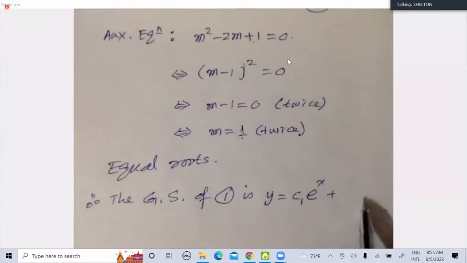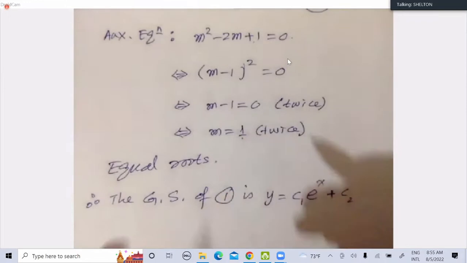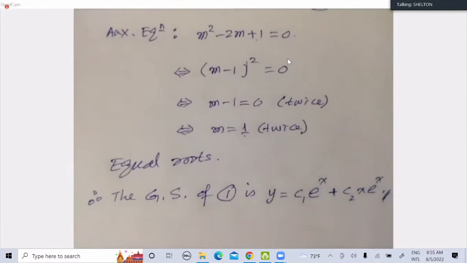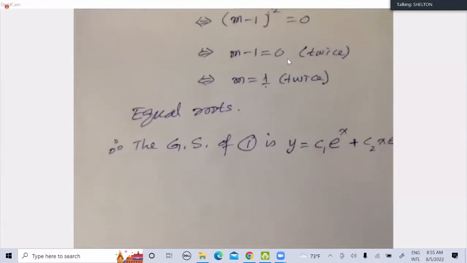Those are the same function, not linearly independent. They depend on each other. So C1 e to the x plus C2 times the second solution when it has equal roots, x e to the m1x. So x e to the x. That is the general solution where C1 and C2 are arbitrary constants.